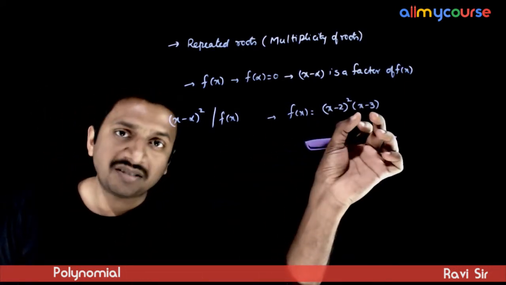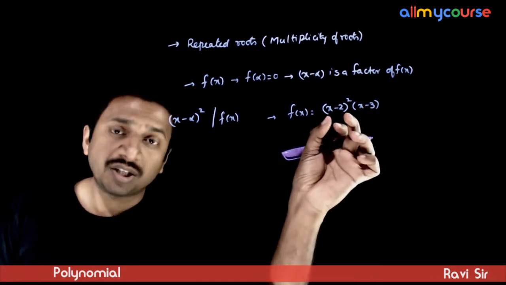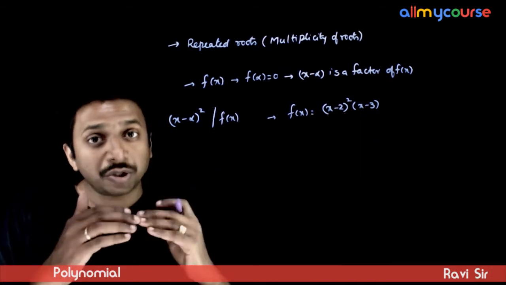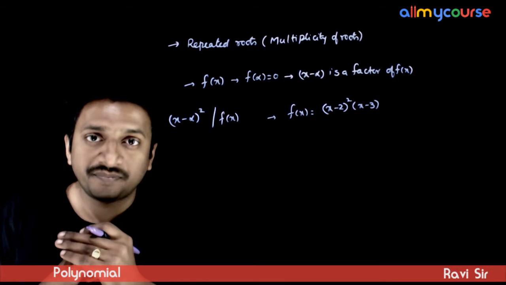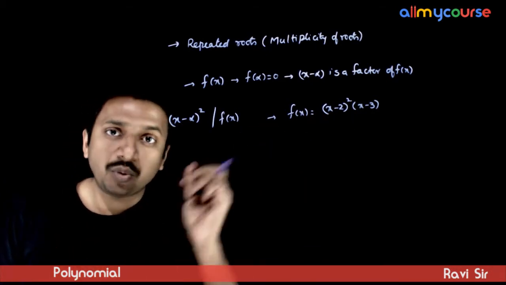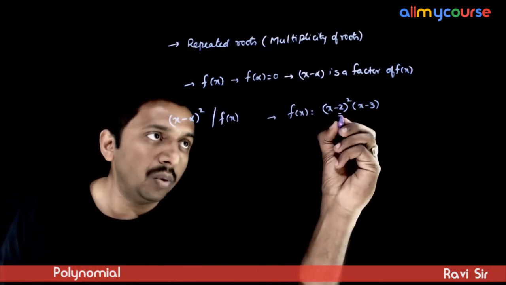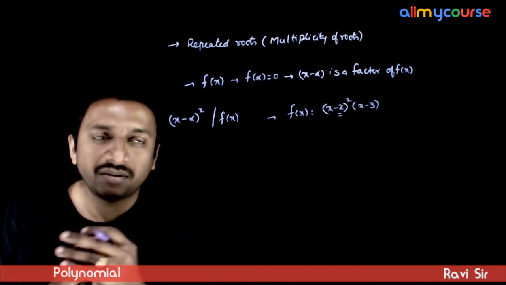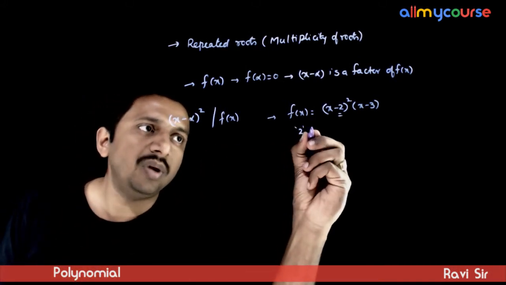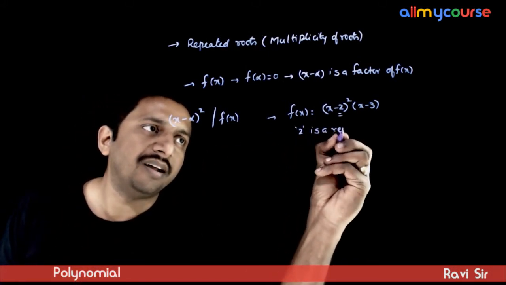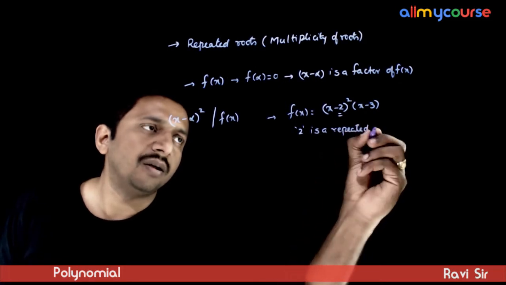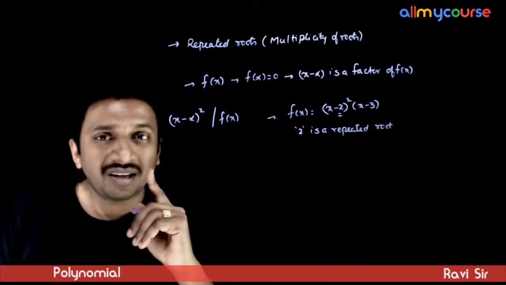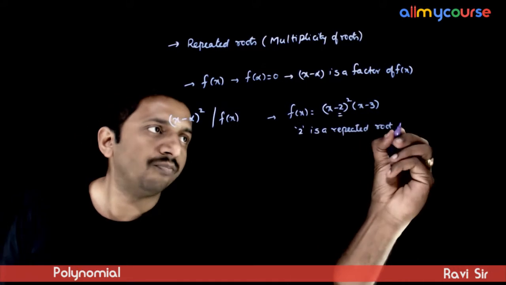Here, x minus 3 is a factor, and x minus 2 is also a factor, and x minus 2 whole square is also a factor. Now, in this situation, we say that 2 is a repeated root with multiplicity 2.